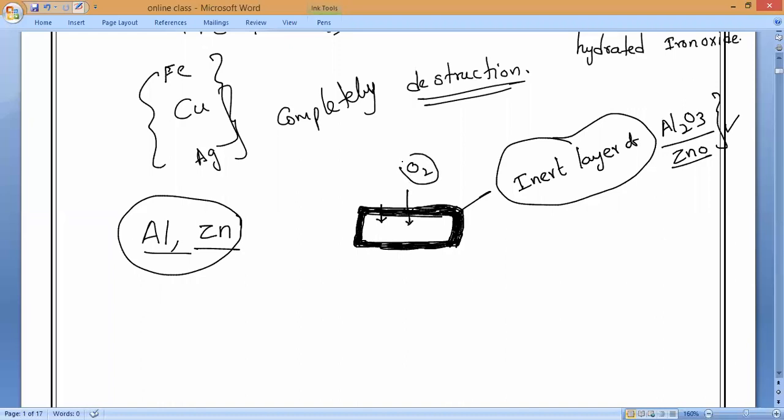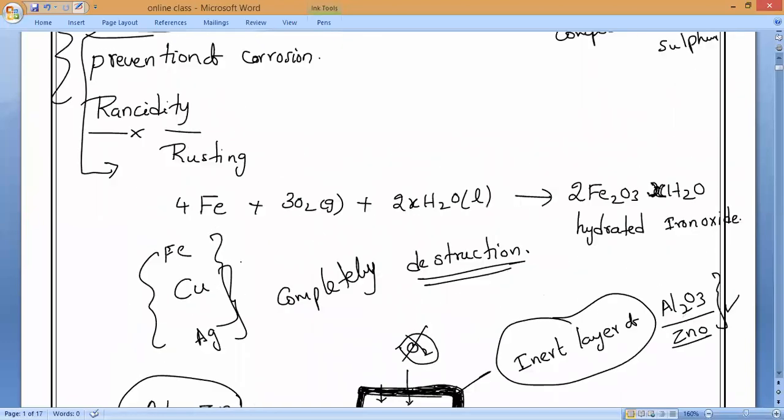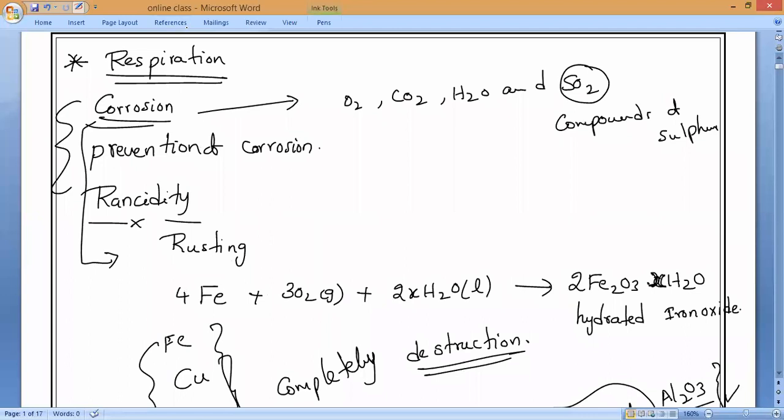If no oxygen is passing, is it possible for corrosion to take place? No, sir. That is what you have to remember, because the required condition for corrosion to continue is oxygen, which needs to be supplied from the atmosphere. Once oxygen is not supplied from the atmosphere, no corrosion will take place. So this is all we studied in the last class. Is it right?